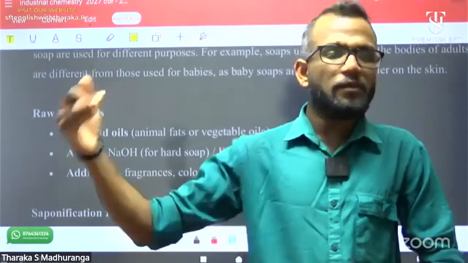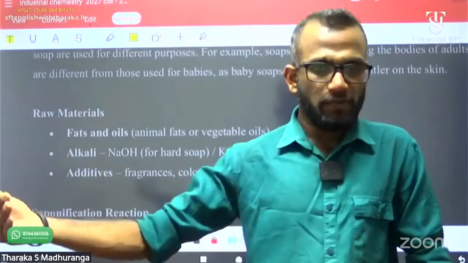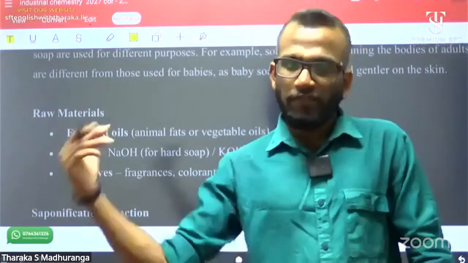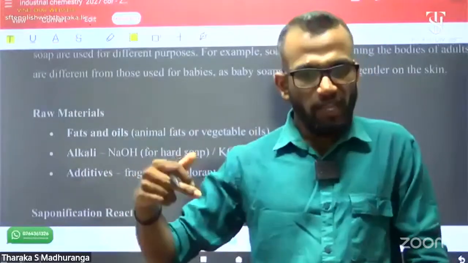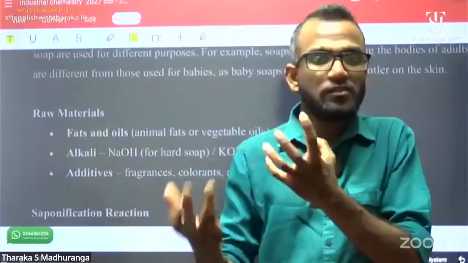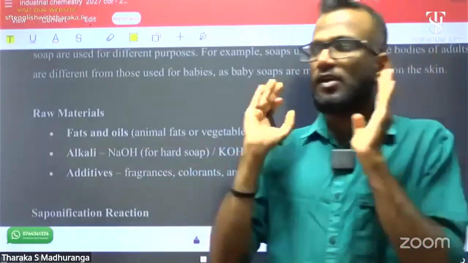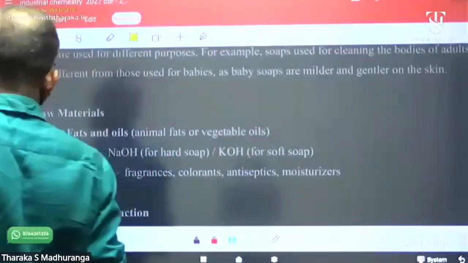That's how different types of soaps are produced by adding different filling materials, smell agents and coloring agents, and we can make different textures by changing filling agents. Okay, I will explain everything step by step very carefully.